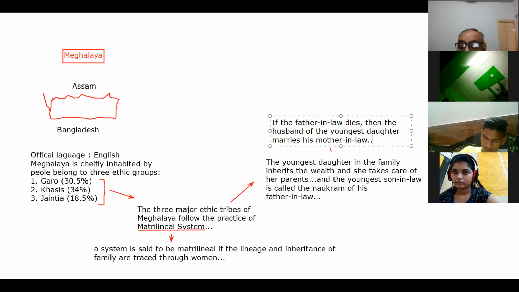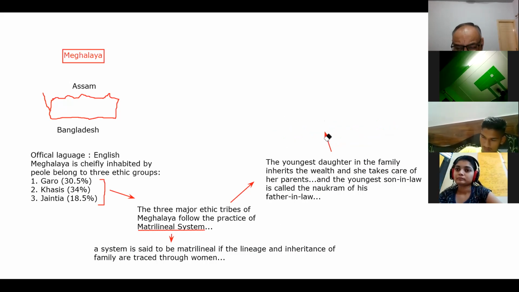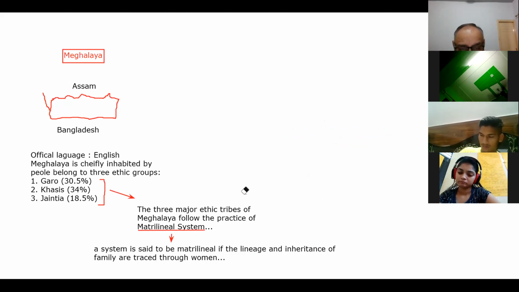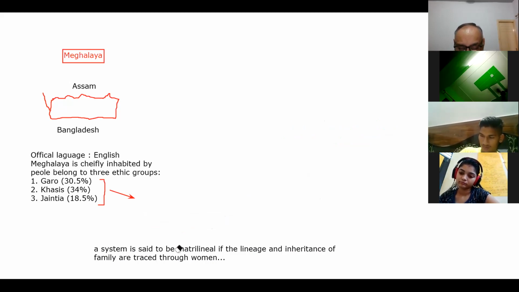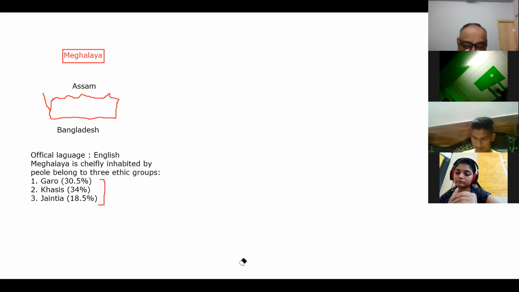So in that case, the person will become the husband of the daughter as well as the mother, right? This is a unique characteristic of this society, and these things are common among all the three groups. So that is why the matrilineal society is the common characteristic of Garo, Khasi, and Jaintia groups.